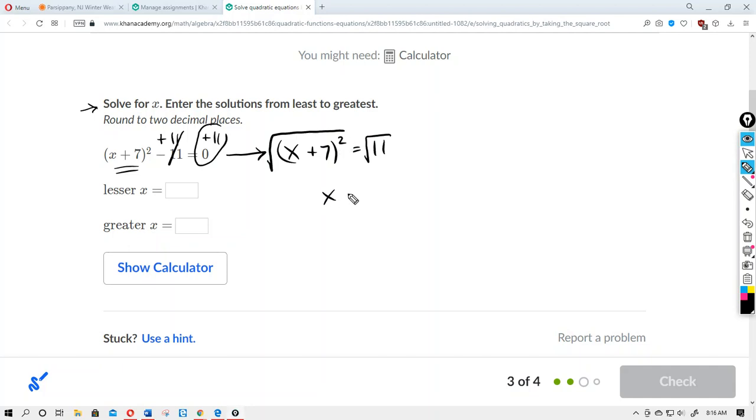So we have x plus 7 equals, let me see, x plus 7 squared is going to equal, we can't take the square root of 11 without getting into decimals. Oh, it says round to 2 decimal places. Okay, there you go. That'll work. So the square root of 11 is 3.3166.